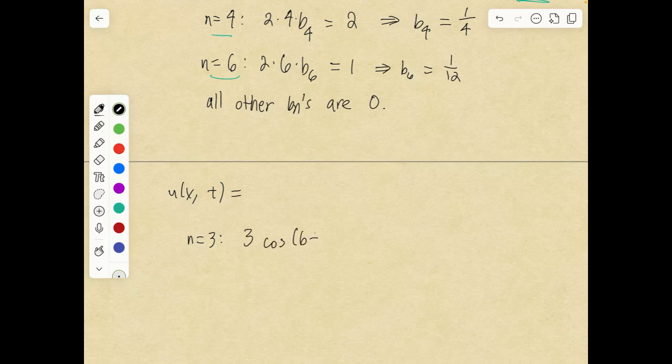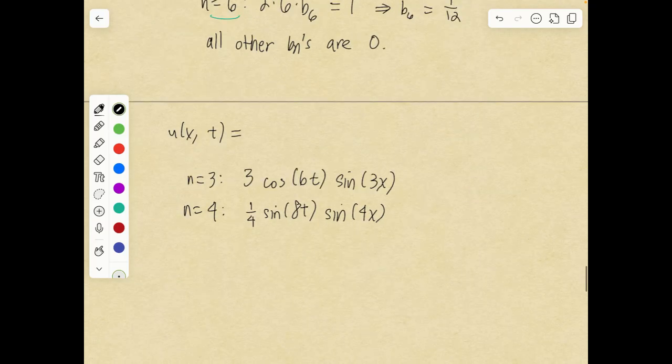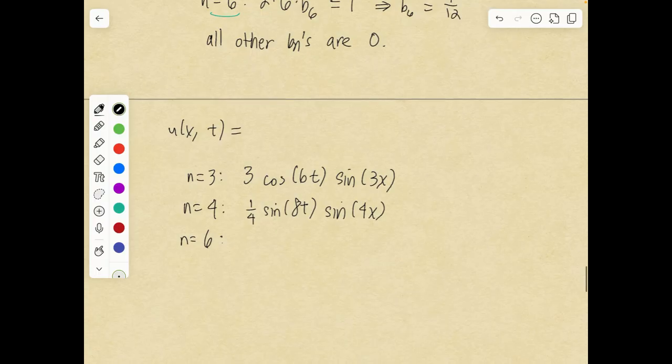So let's write out the term for n equals 3. For n equals 3, we end up getting that a sub 3 is 1 and b sub 3 is 0, right? So now we look back at the formula and we just copy down what you get. And when you copy down what you get, 3 cosine 6t times sine 3x.